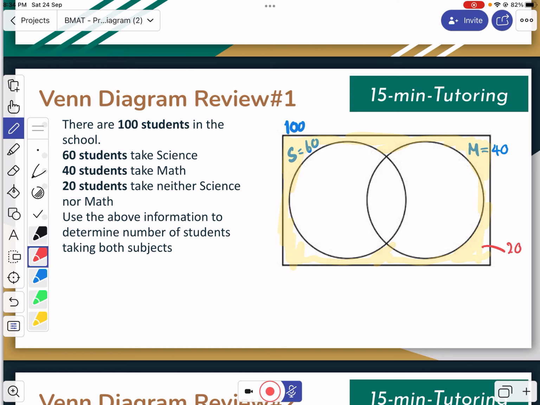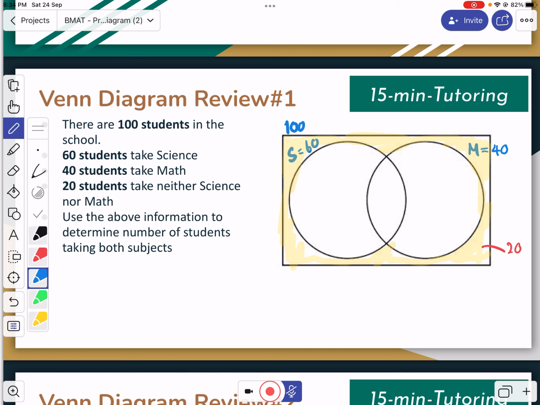Now, let's try to look at the area of the two circles combined. Let's look at it this way. We have 100 students, and then 20 students are in the yellow area. That is the area outside of both circles. So we can conclude that the area which are two circles combined, this area, that will be 100 total minus the yellow. 100 minus 20, we get 80.